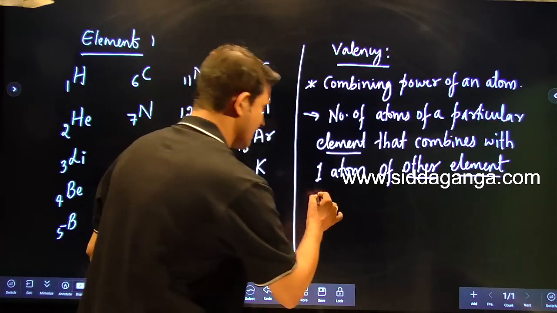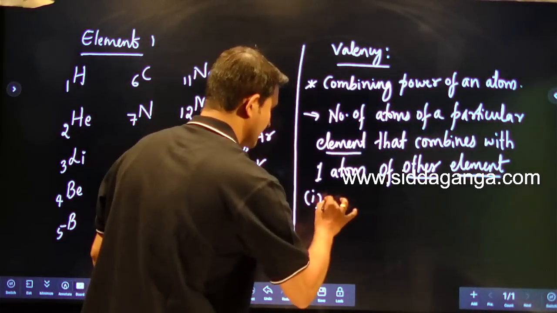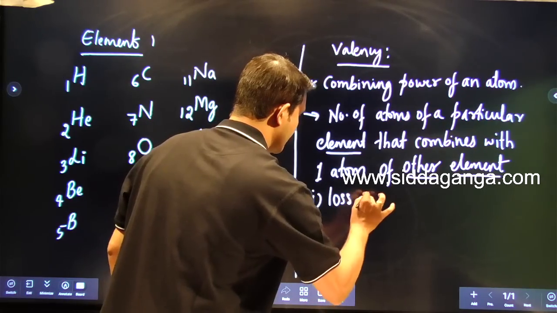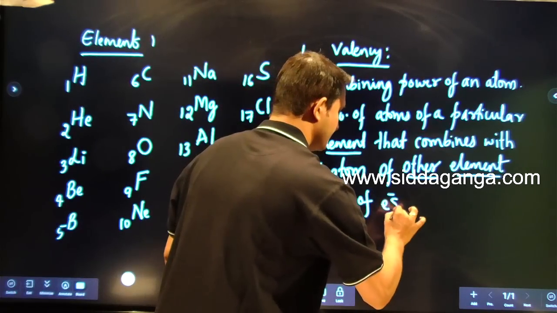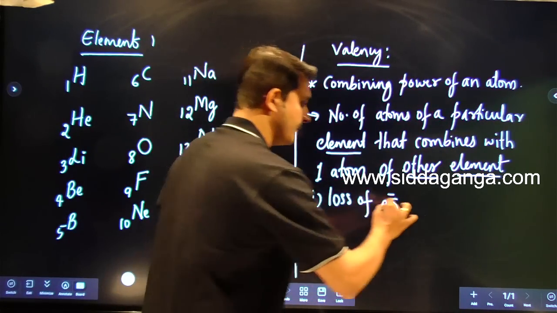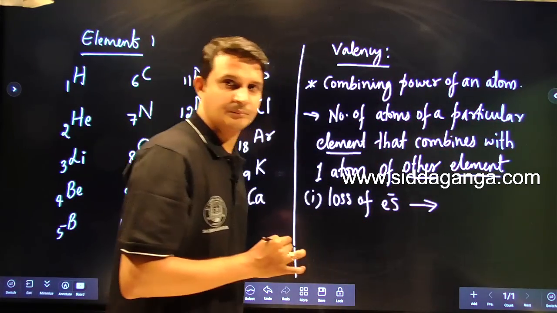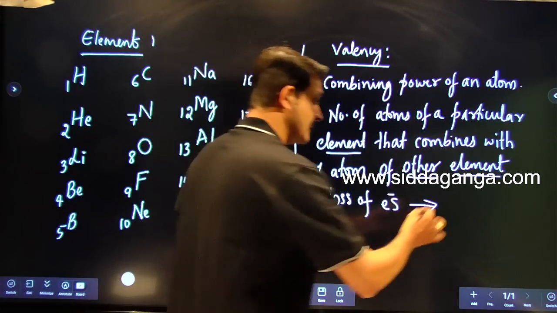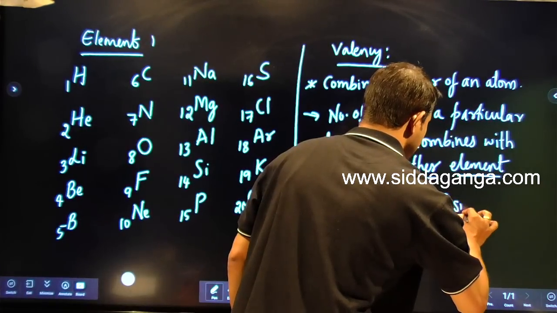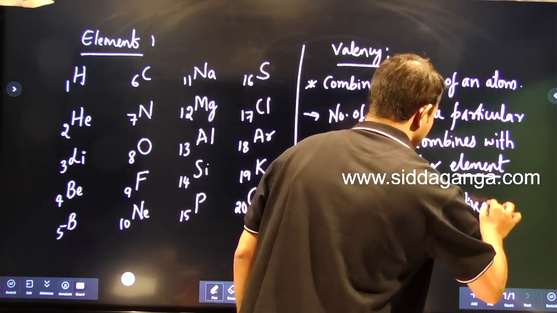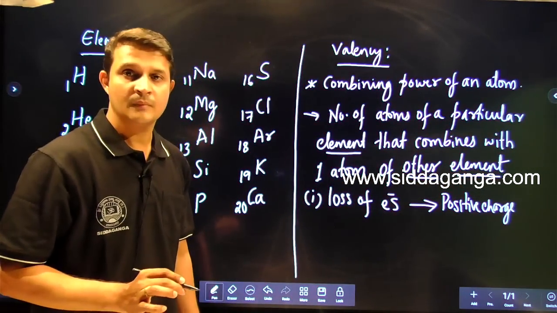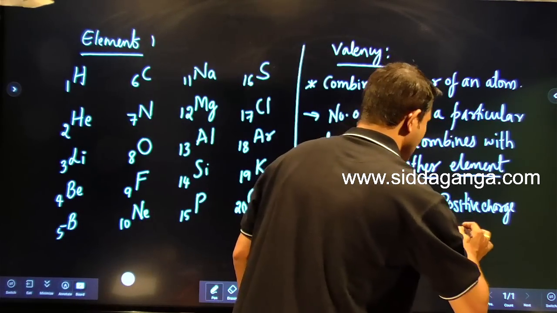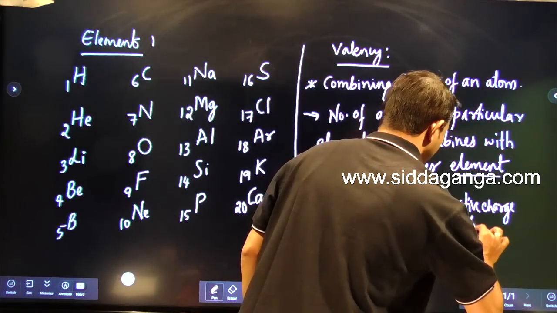Okay, so there are 2 possibilities, that is loss of 1 or more electrons. Okay, loss of electrons adre the charge attained is positive charge on that particular atom. Okay, so this positive charge now kariyodu cation.